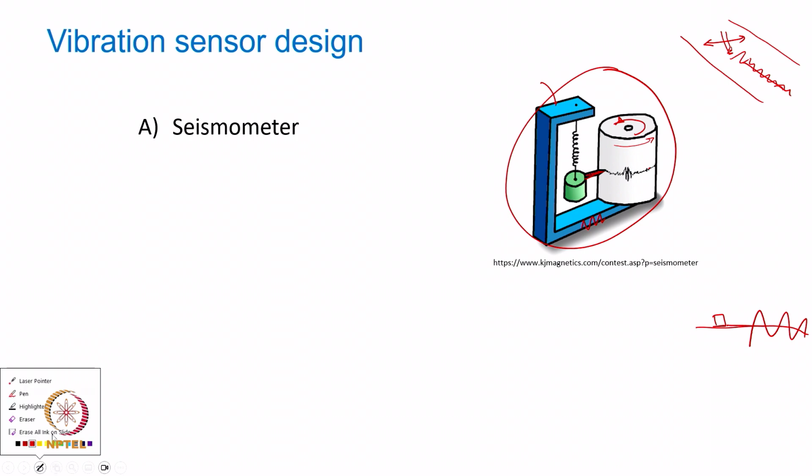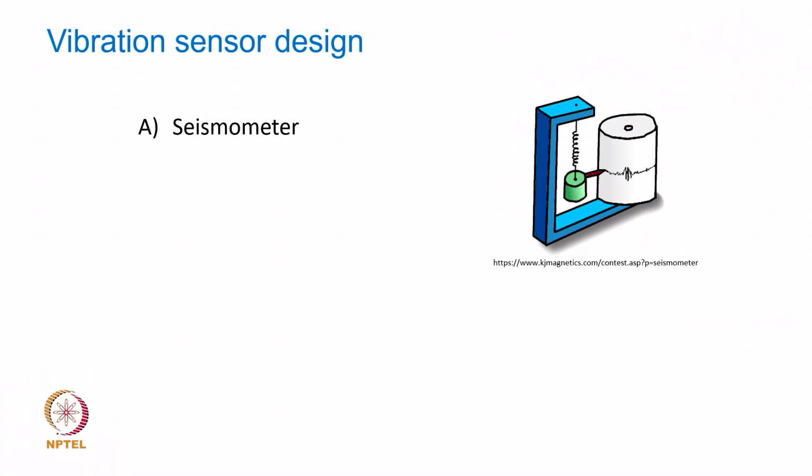Okay, so what is the deal here? Our input motion is x, isn't it? That is the ground motion, and what is the motion of the mass? The motion of the mass is y, all right. And what is getting recorded here?